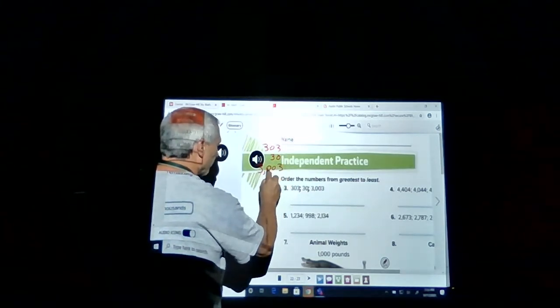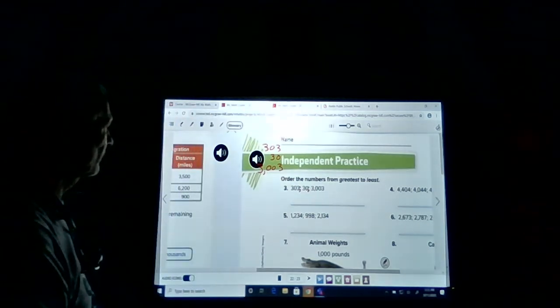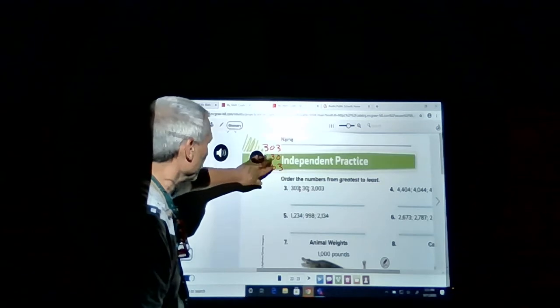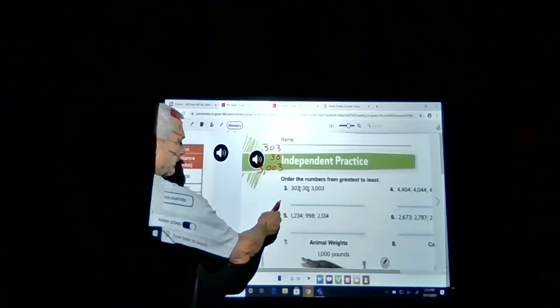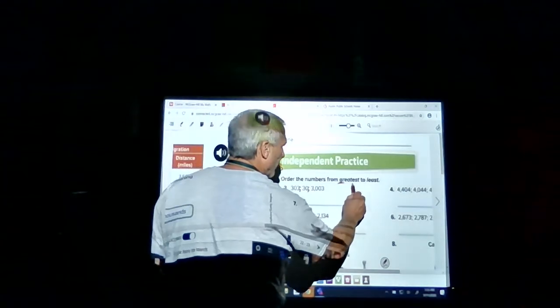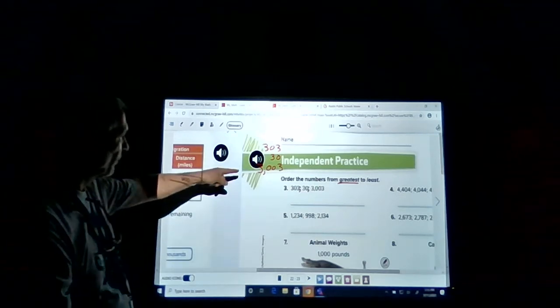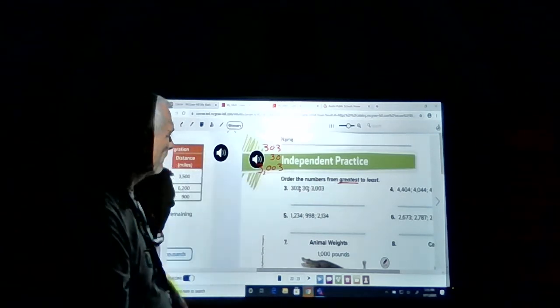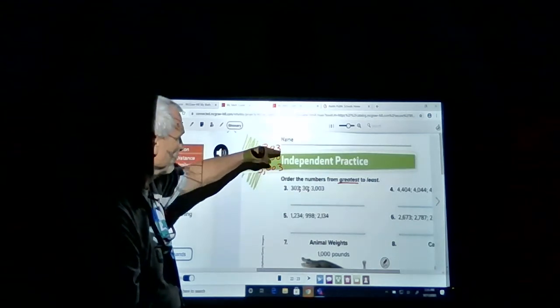3,003. I could have those numbers on my place value chart. And then make sure you wipe them nice and hard and erase those so it stays nice and clean. Well, it says this time greatest to the least. So we'll start with the biggest. Can you see the biggest number? Well, 4 digits, 1, 2, 3, 4, is bigger than 2 digits, 1, 2, and it's bigger than 3 digits, 1, 2, 3.